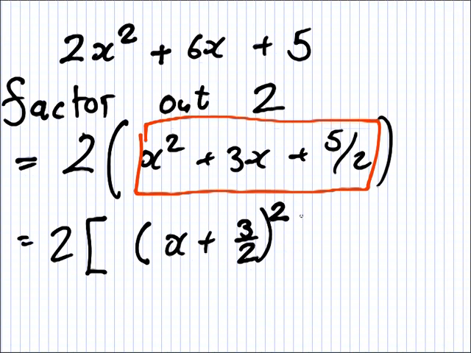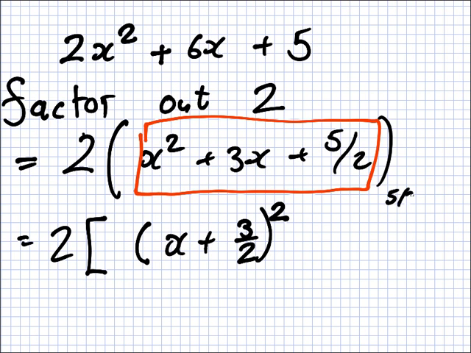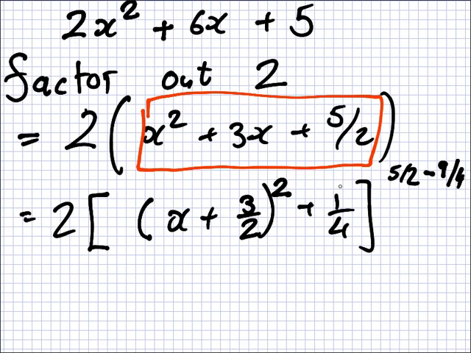Now just be careful at the back. It will be 5 over 2 minus 9 over 4, which I think is 1 over 4, is it? 5 over 2 minus 9 over 4. Yeah, 9 over 4. 1 over 4, yeah. 1 over 4. And then the last thing to do is to multiply the 2 back in.